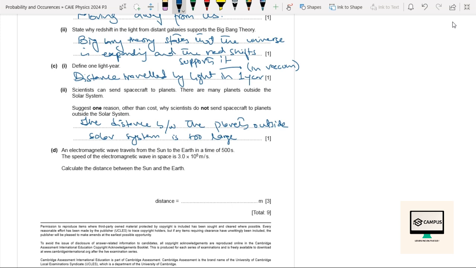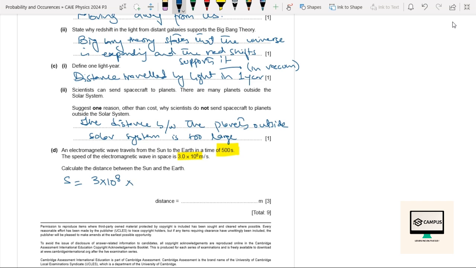All right, final one. An electromagnetic wave travels from the sun to the earth in a time of 500 seconds, and the speed of the wave in space is 3 times 10 to the power 8 meters per second. Calculate the distance between the sun and the earth. Okay, so it's a very simple question. Distance is speed multiplied by time.